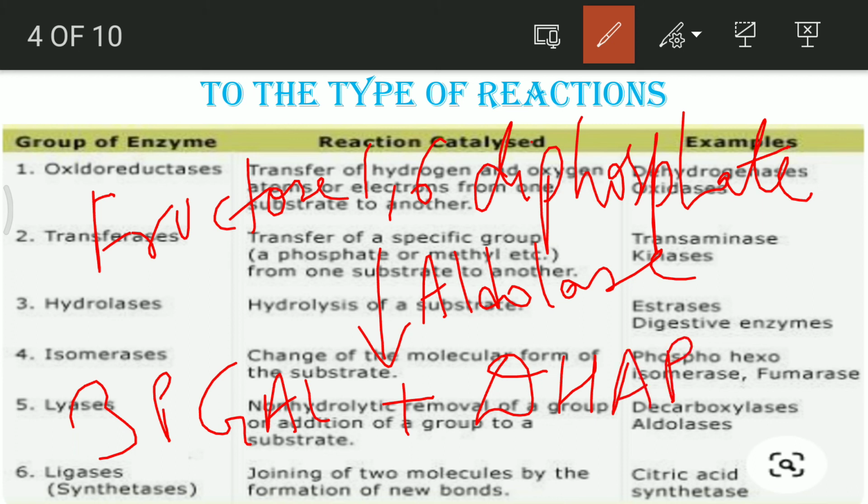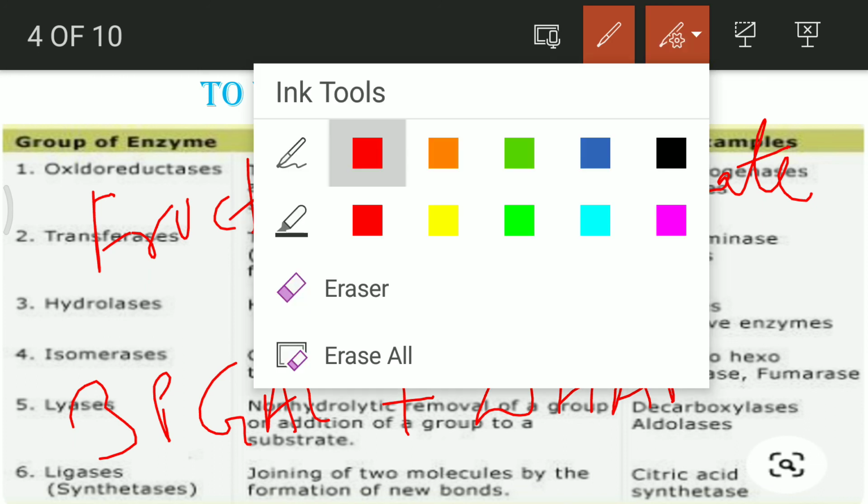Both of them are interchangeable. This 3-phosphoglyceraldehyde can form dihydroxyacetone phosphate anytime. They are just conformational isomers of each other. So fructose 1,6 diphosphate, which is a 6 carbon molecule, forms 3 carbon molecules by the help of aldolases. This is a lysis reaction.